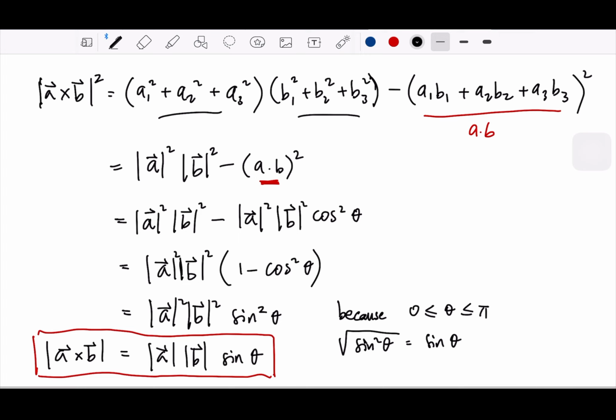Also from this equation, we know that if the vectors A and B are parallel, the cross product will be just 0 because the angle is 0.